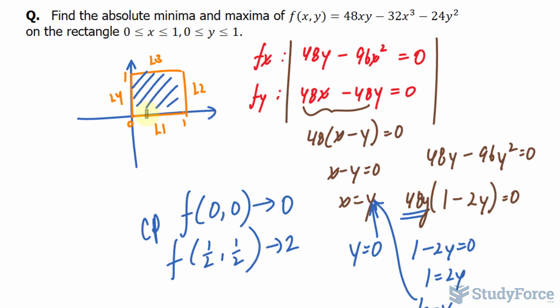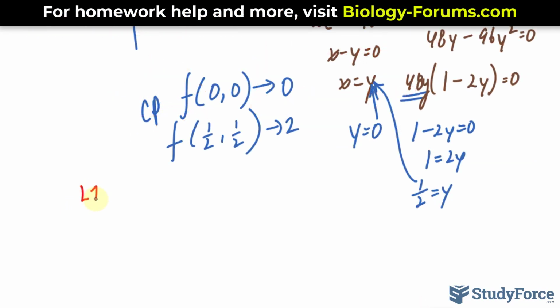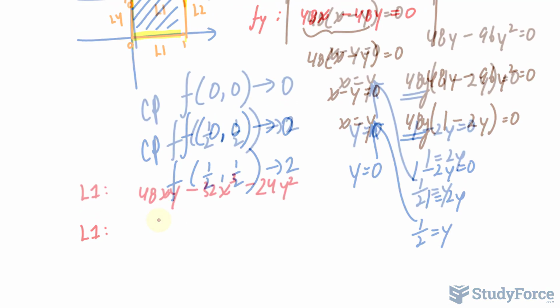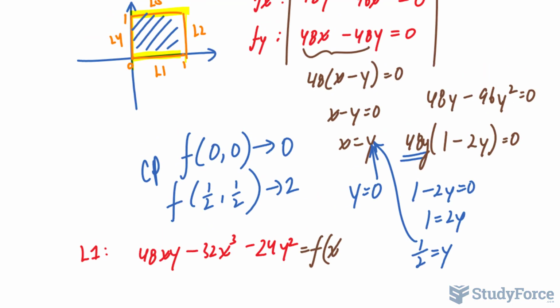Now we have to find out what happens along L1, L2, L3, and L4. We did this in question number 1, so if you watched question number 1, this should be familiar to you by now. Starting with the L1 region, we'll evaluate our function where x is unknown, because it can be anything between 0 and 1, but we know what y is, it's 0.